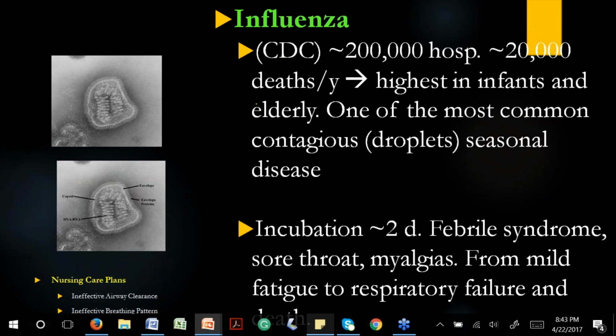Okay, so the next one is, first of all, R, and now I, influenza virus. We have two types of influenza virus, A and B. It is a very contagious virus that mostly affects young people, infants less than 1 year, and elderly people. The incubation is about 2 days, with febrile syndrome and sore throat, and it can lead into respiratory failure and death.